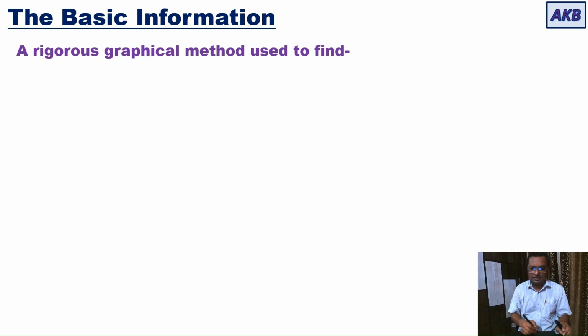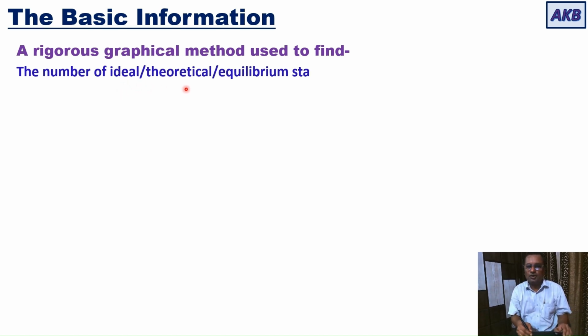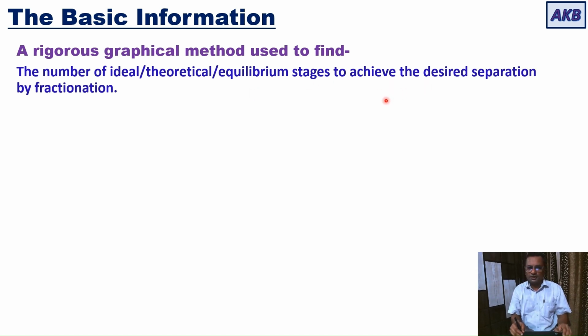The Ponchon-Savarit method is a rigorous graphical method that is used to find the number of ideal, theoretical, or equilibrium stages to achieve the desired separation by fractionation. I'm using the word rigorous because if you compare this with the McCabe-Thiele method, it is more rigorous. Plus, it is also a graphical method.